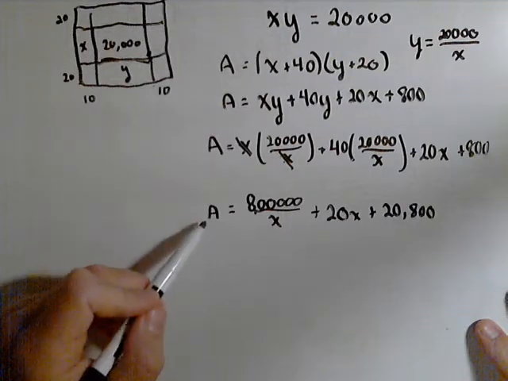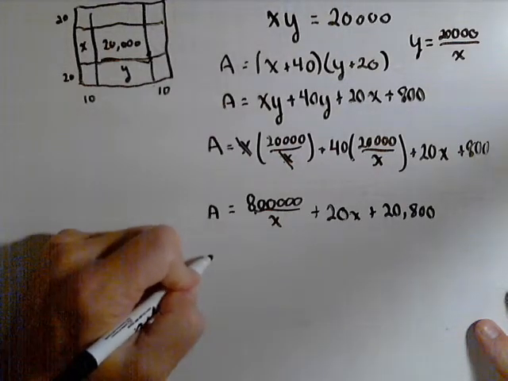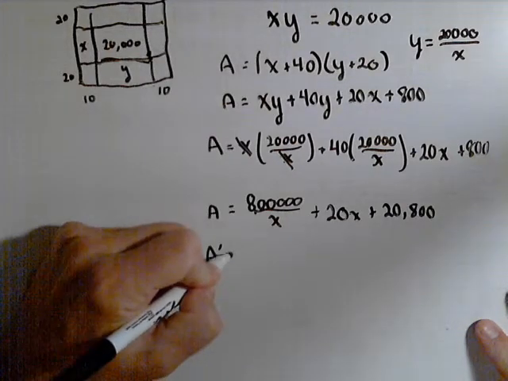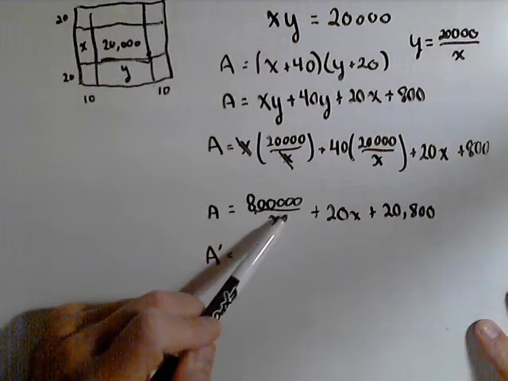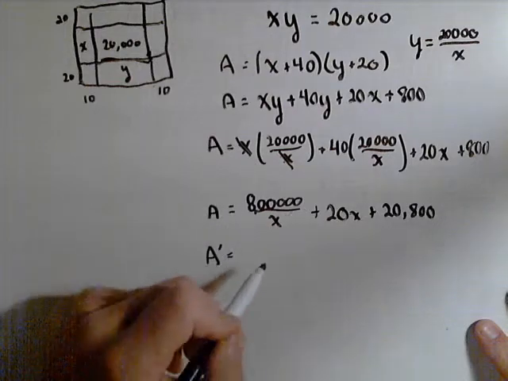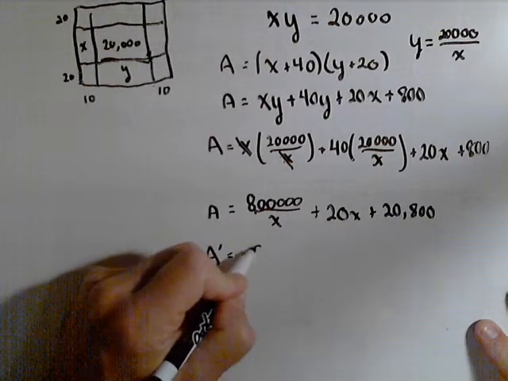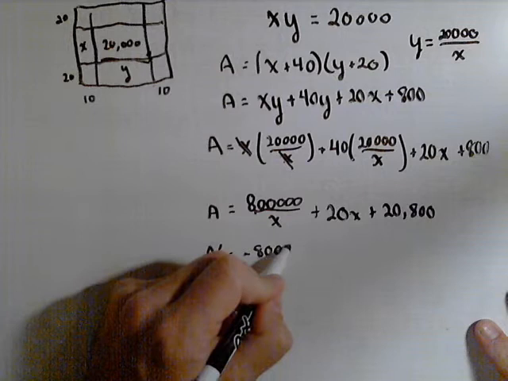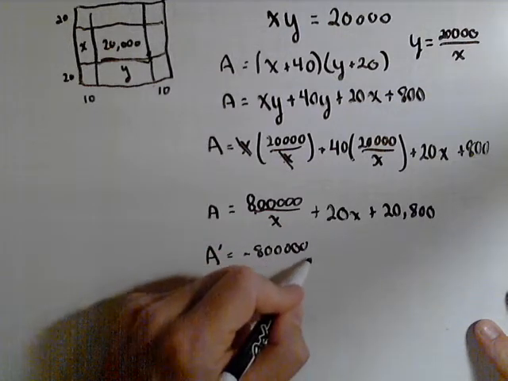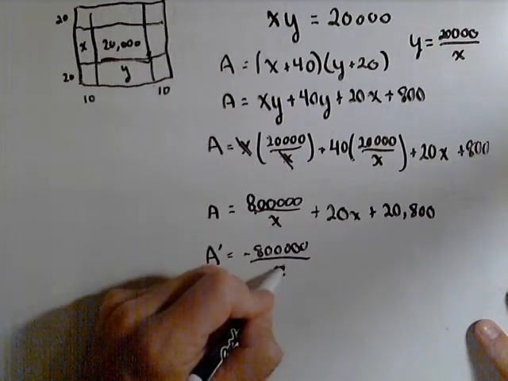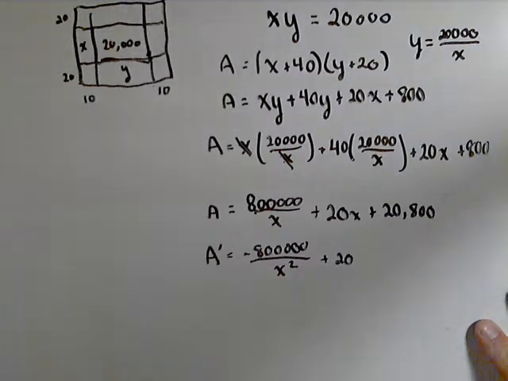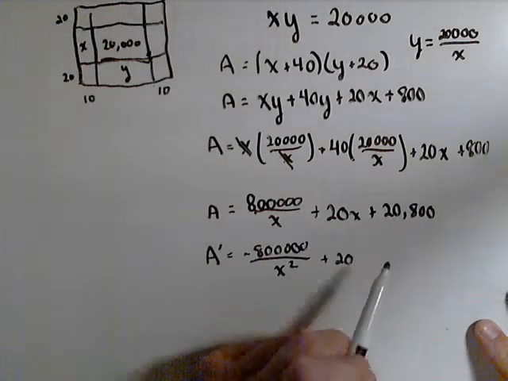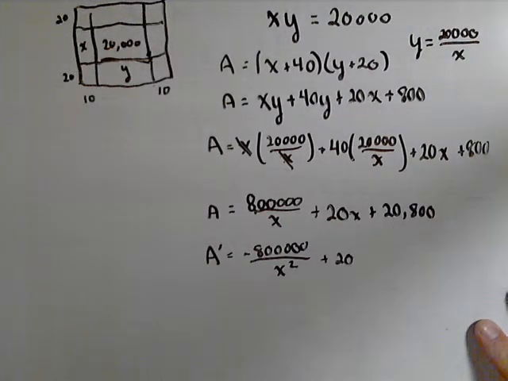Now we need to see if there are any critical points. So we're going to take the derivative, we'll call it A prime, and set it to 0. Now here, this is the same as 800,000 times x to the negative 1. So pull the negative 1 out front, so negative 800,000, and increase the power by 1, so that becomes over x squared, plus 20, and this is just a constant, so it goes away.